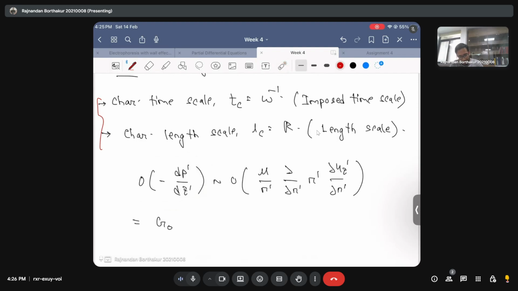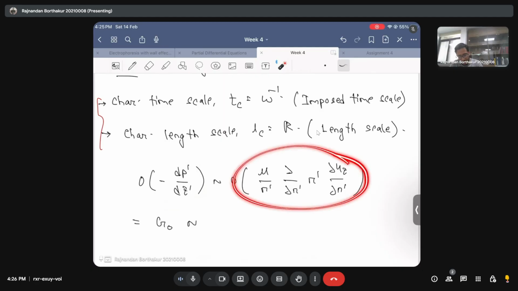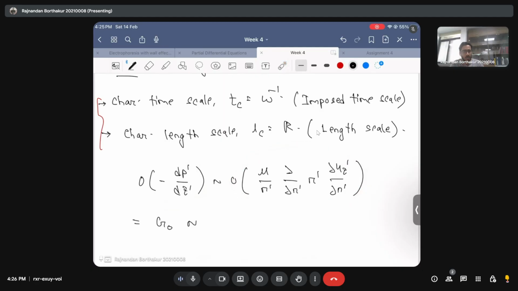And then if you do the analysis here, that is, you just take out the characteristic variables, you will see that this basically goes as mu times uc by lc squared.